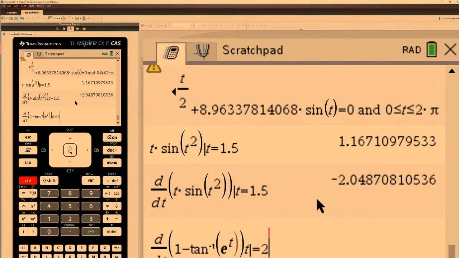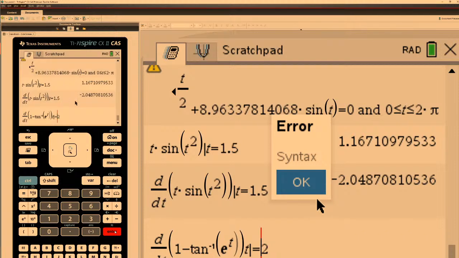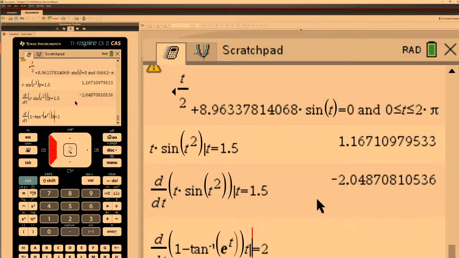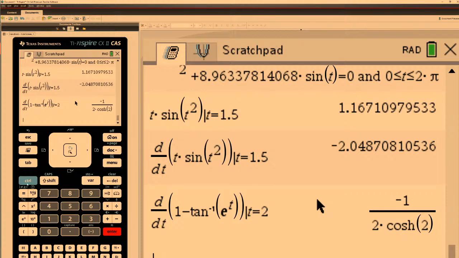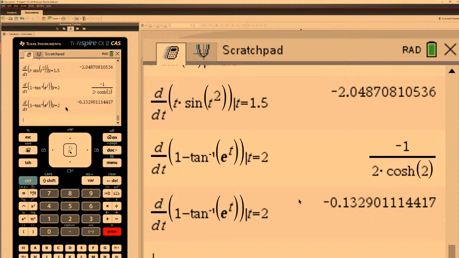I'm going to hit control enter. Oops, I have the t first, at time equals 2. There we go. So we get 1 over hyperbolic cosine. We haven't learned that. You won't learn that unless you go into some really advanced math in college, but that's what it is. So we get negative 0.1329 when I hit control enter.